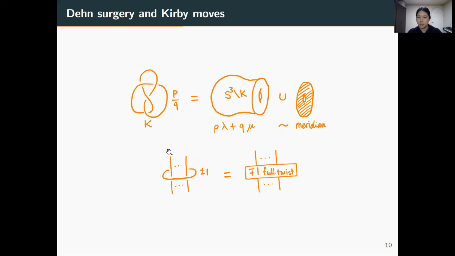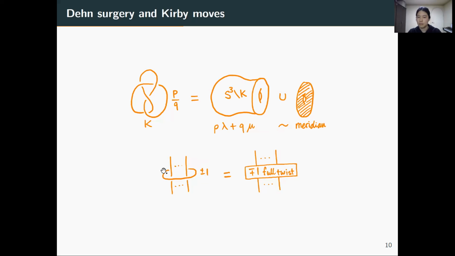So what I drew here at the bottom is a Kirby move, or rather a variation of the Kirby move. Suppose you have a Dehn surgery description where one of the components is an unknot, and it's labeled by either +1 or -1.